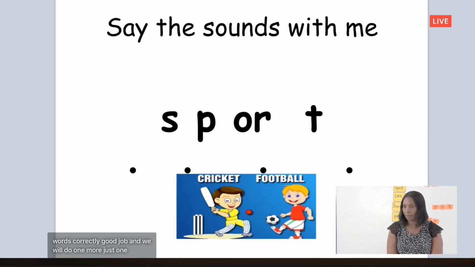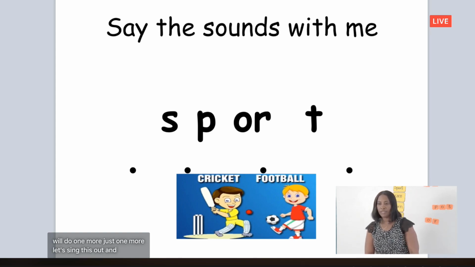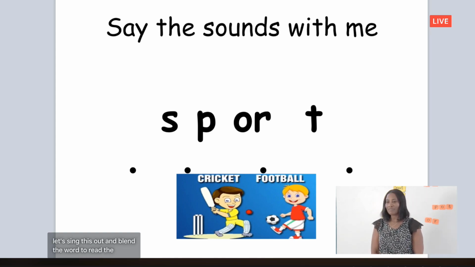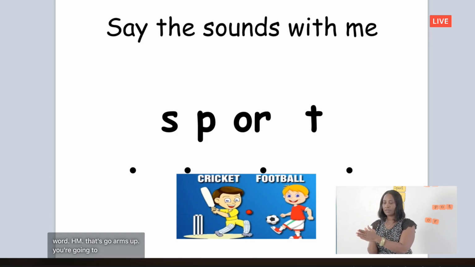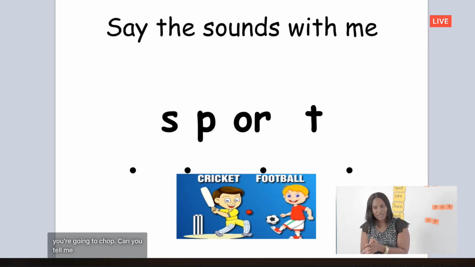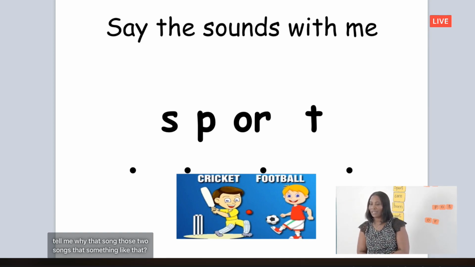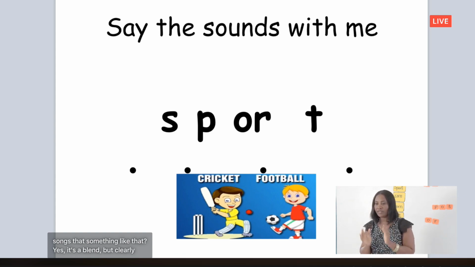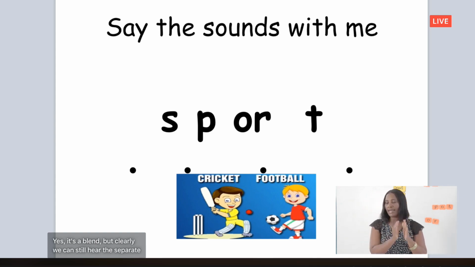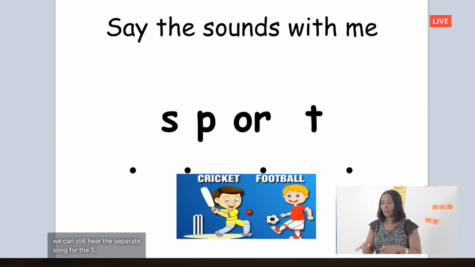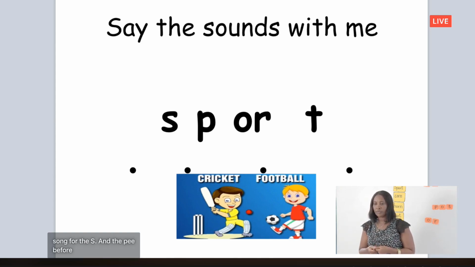Let's sound this out and blend the word to read the word. Let's go. Arms out, we're going to chop. Sp, sp. Can you tell me why those two sounds are sounding like that? Yes, it's a blend, but clearly we can still hear the separate sound for the S and the P before we blend them together.